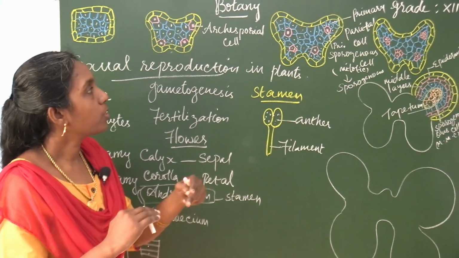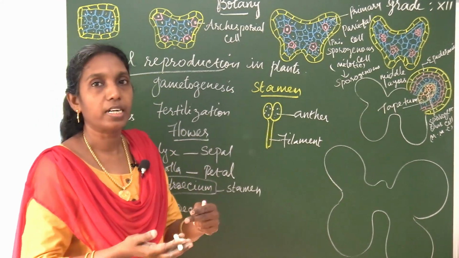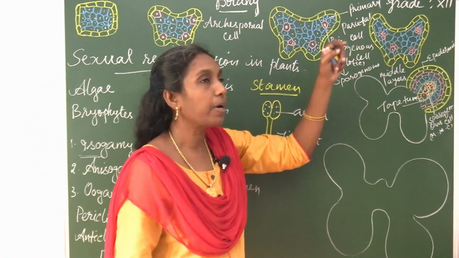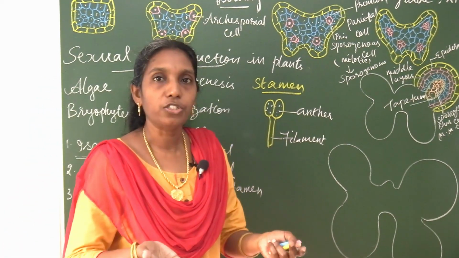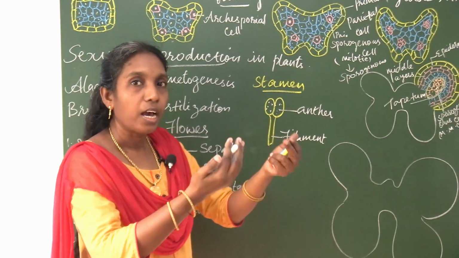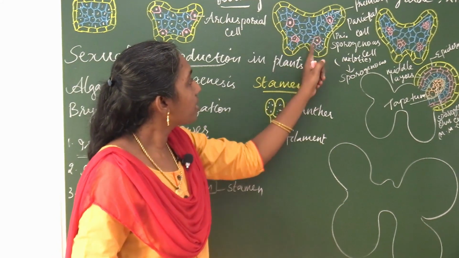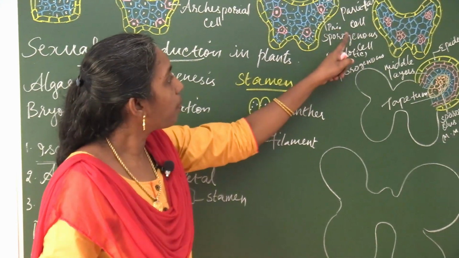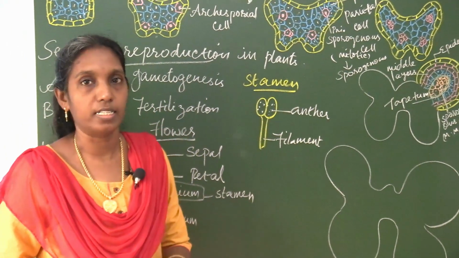The tissue present towards the peripheral region, as the name says, is the primary parietal tissue. And the inner cells are formed as the primary sporogenous cells.